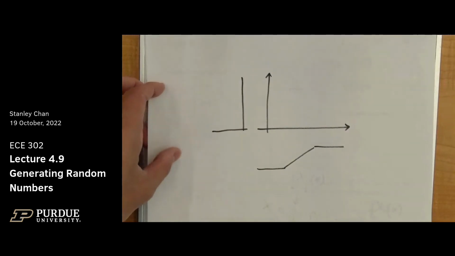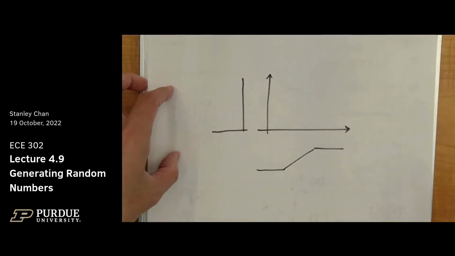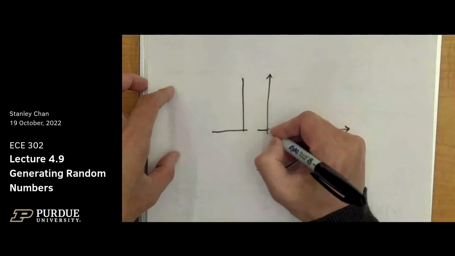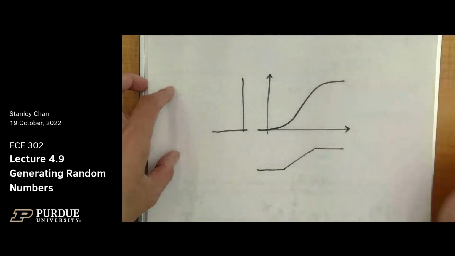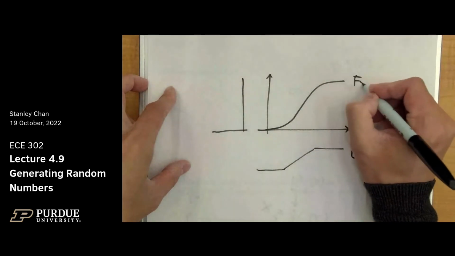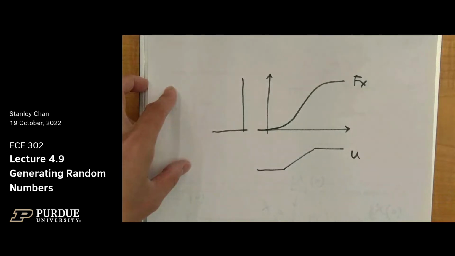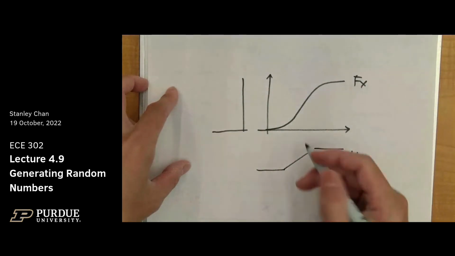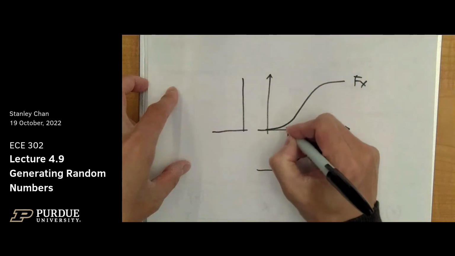A current example would be that this is a uniform. Why don't we just use the CDF of x, right? So this is u. Why don't we just use fx? Why don't we want to use the inverse of x? So if you look at this diagram here, you start with the uniform. You start to map these values up.